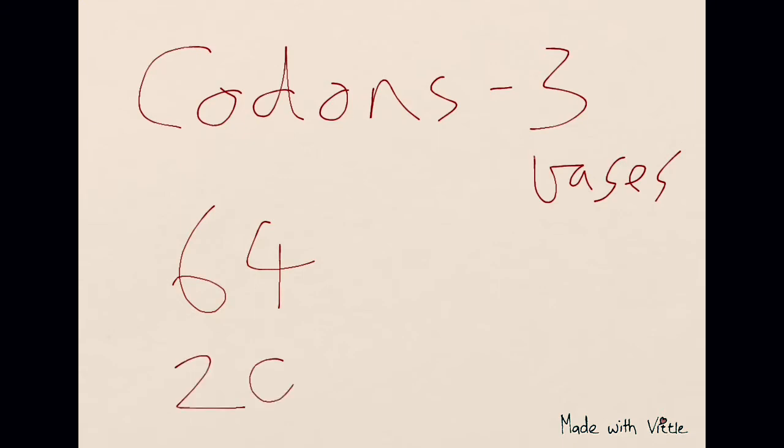But there are only 20 amino acids on Earth that we know of. That means there are more codons than there are amino acids, so we can have more than one codon for every amino acid. If we change the codon, sometimes it means we're coding for a different amino acid, but sometimes the amino acid that is coded for is exactly the same.